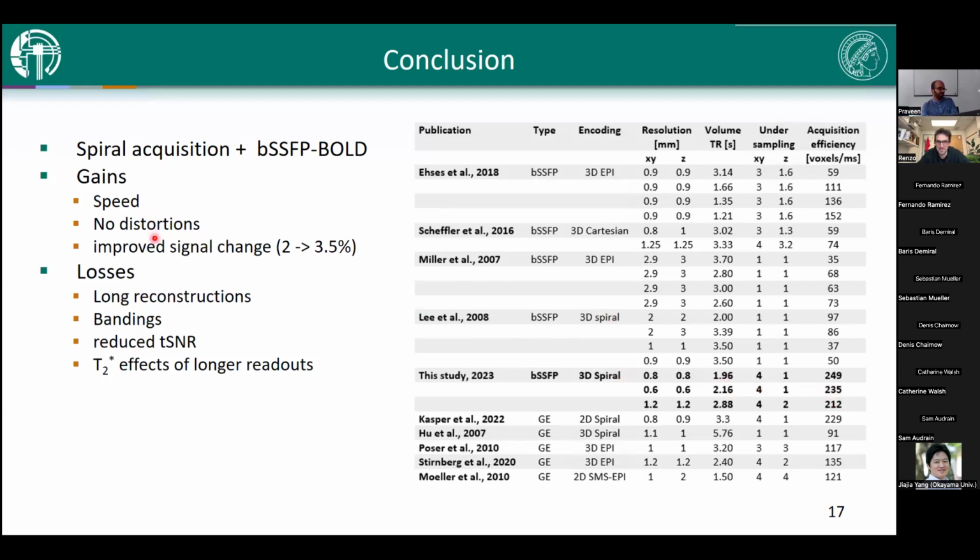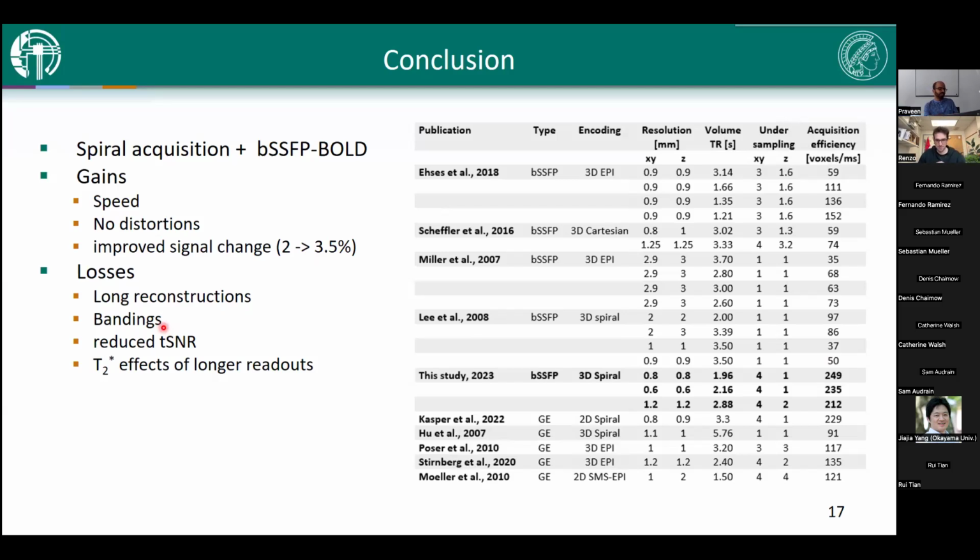And the other things, like we don't have any distortions, and for the signal change, since we are increasing the repetition time compared to a conventional SSFP to 10 milliseconds, you get slightly better sensitivity. And of course, you lose quite a lot of things. The main problem is the reconstruction, which takes 1 day on a cluster. And the banding. If you increase TR, it's more frequency or resonance sensitive.